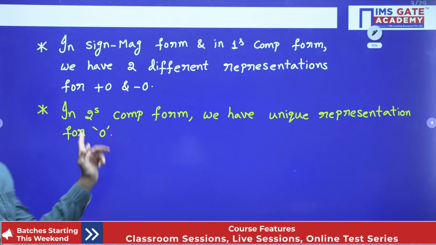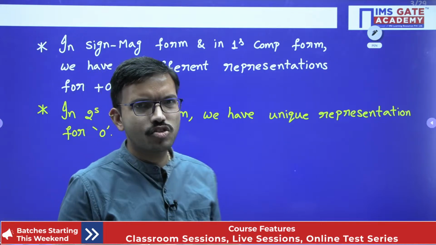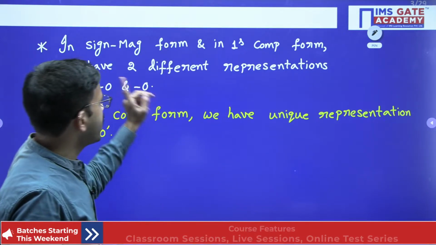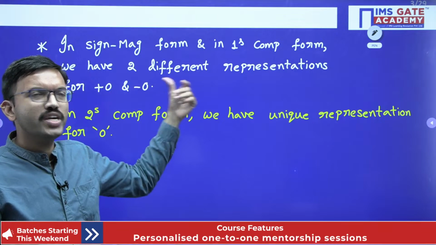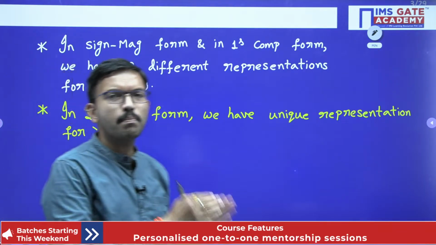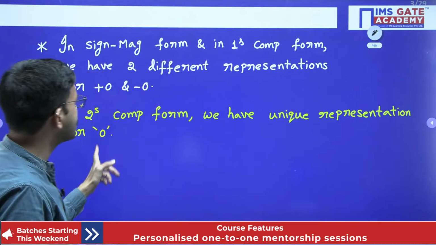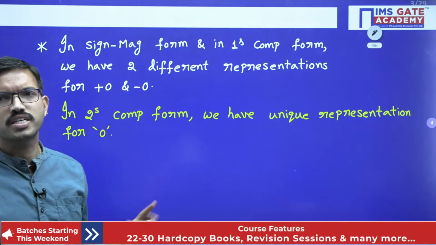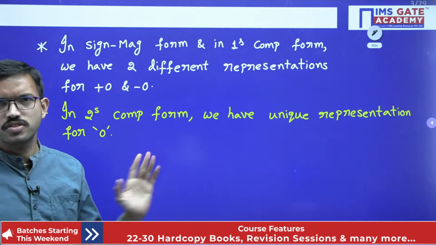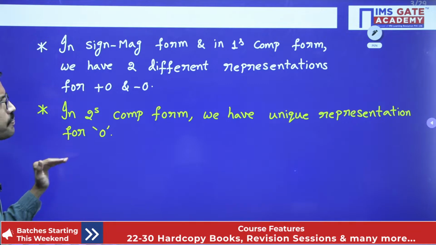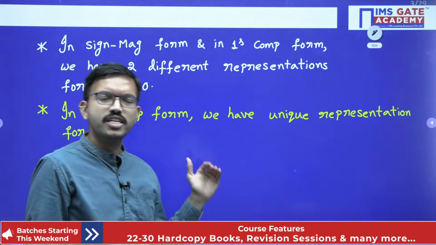Whether it is plus 0 or minus 0, in general we consider it as 0 only. But in the sign magnitude form or ones complement form, we consider plus 0 as one number and minus 0 as another number. Whereas in 2's complement form, we have the same representation whether you consider plus 0 or minus 0. This is one of the reasons why we recommend 2's complement when compared to the other two.